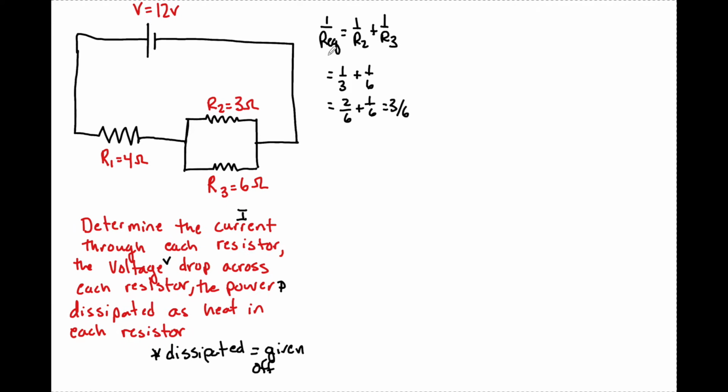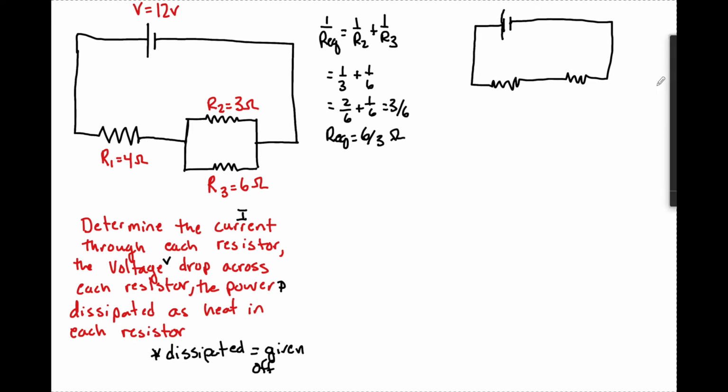Now remember, guys, this is 1 over REQ, so REQ is actually 6 over 3 ohms. So now I can rewrite this circuit as a series circuit and not a parallel circuit. And on this circuit, the voltage will remain the same, but now I can write this as R1 equals 4 ohms and R2 as 2 ohms.